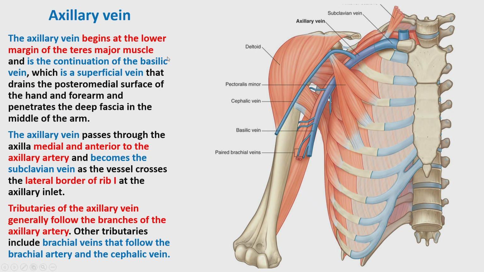The axillary vein starts from the lower margin of the teres major, and it goes till the lateral aspect of the first rib. Here the axillary vein finishes, and the name becomes subclavian vein. So the subclavian vein starts from the lateral aspect of the first rib.